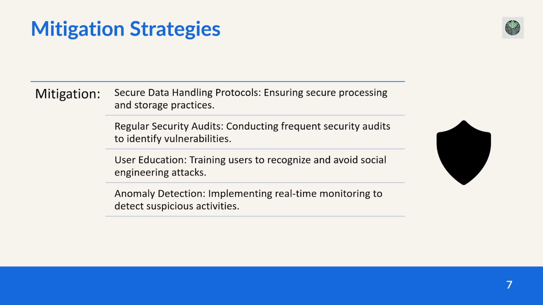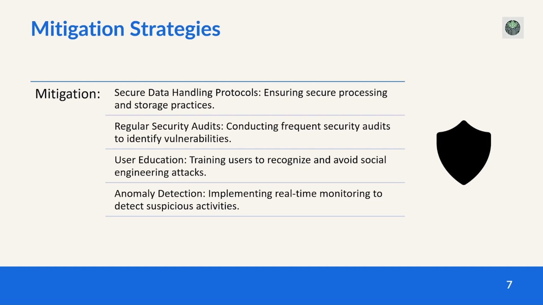So, how do we defend ourselves against these attacks, and how can we basically mitigate these threats? Let's look at some of the strategies we have here. First, we have secure data handling protocols. These are going to be essential to ensure that data is properly protected at all stages, from processing to storage. Regular security audits are also going to be a key thing here, helping organizations identify vulnerabilities before attackers can exploit them.